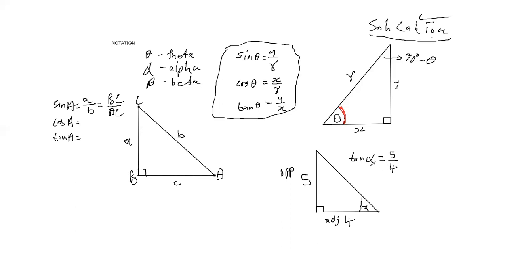Now, the question is, how do I solve for alpha? Glad you asked. In your calculator, there is a button tan, okay? Then you will see in yellow at the top, there is another symbol there. To activate this symbol in yellow, you have to press Shift, okay? Maybe I should explain what this means.